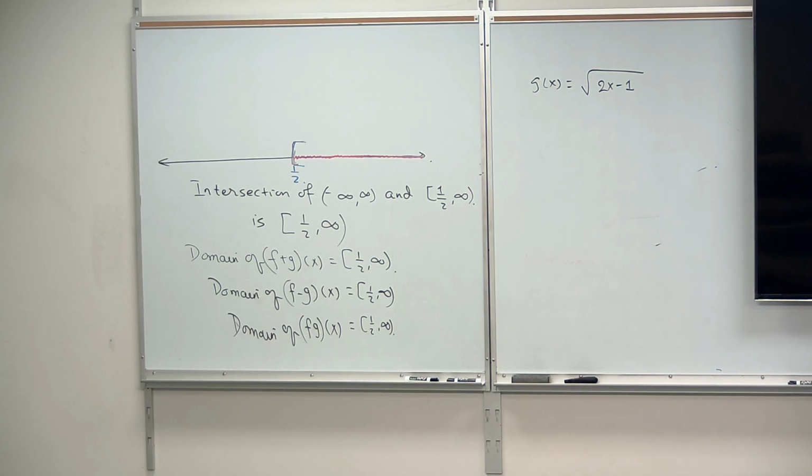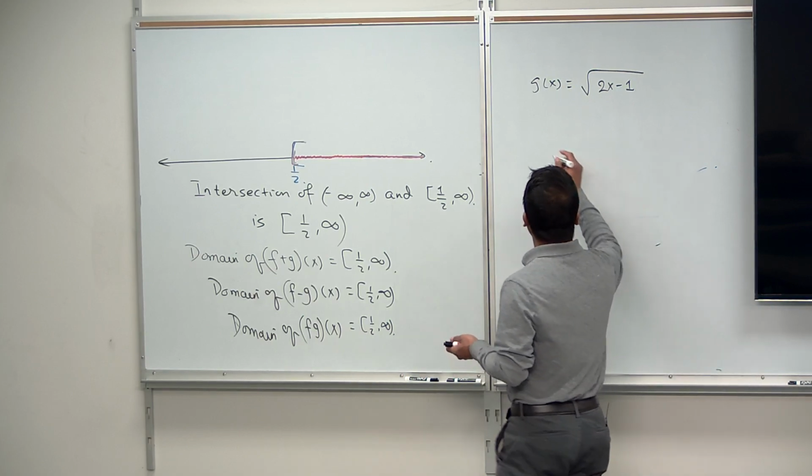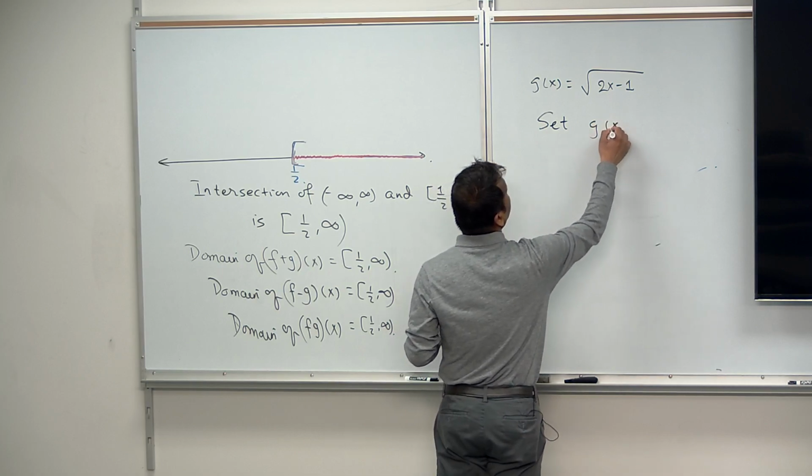The domain of f over g includes those real numbers in the intersection of the domains of f and g for which g(x) is not equal to 0. So you have to find the value of x that makes g(x) equal to 0, and then you have to exclude that value of x. 0.5, wasn't it? Exactly, yeah. 0.5, which is 1/2, right? So you just need to find what makes the value of g(x) 0.